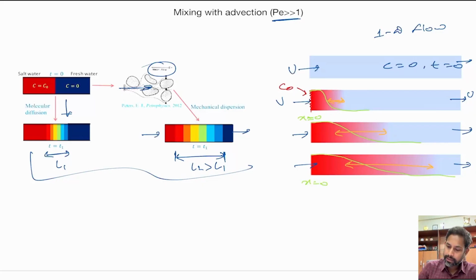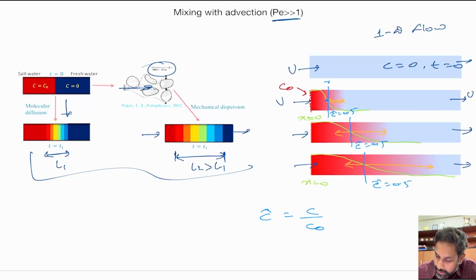And what happens in all these cases is this middle point where you can assume the concentration to be 0.5. So let's say you define C hat to be C over C naught like this. Okay, and at this point your C hat will be roughly 0.5, and that is the location with which your fluid is actually moving.